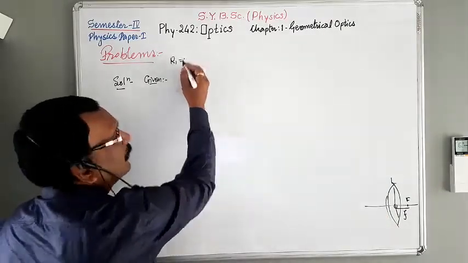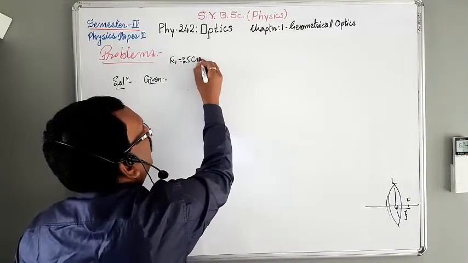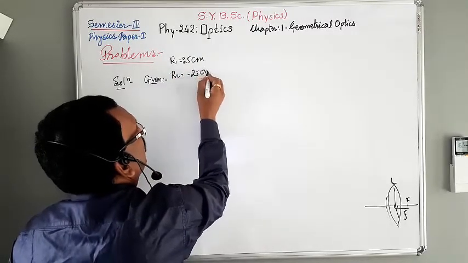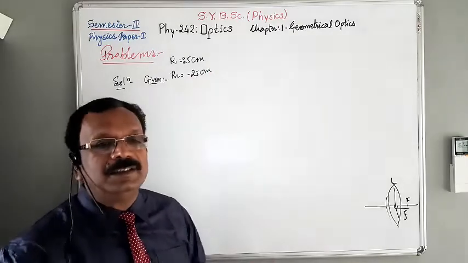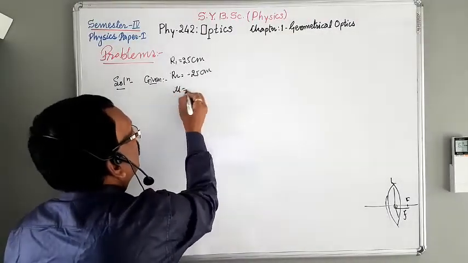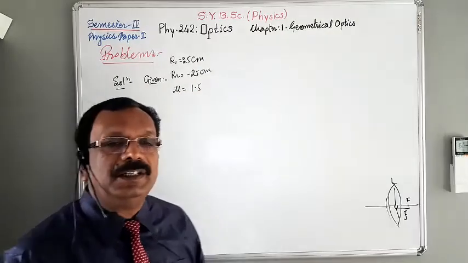R1 is 25 centimeter. If R1 is 25 centimeter, obviously R2 is minus 25 centimeter, because one of the radii is negative. The refractive index, that is mu, is also given as 1.5. It has no unit, it is a ratio.